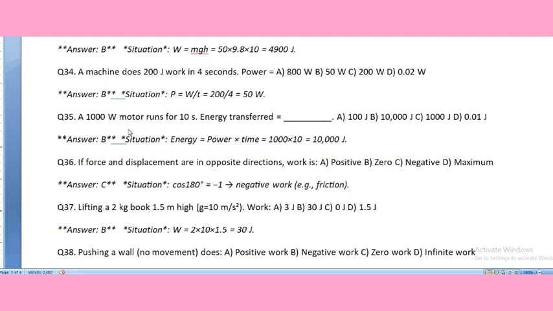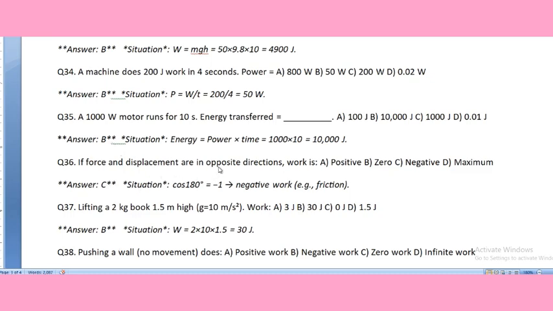From this, we know the power of the motor, and we also know the time. Energy is the product of power times time. Power is 1000 and time is 10. Inserting the given values into the equation, the energy transferred is equal to 10,000 joule. So the correct answer is B.